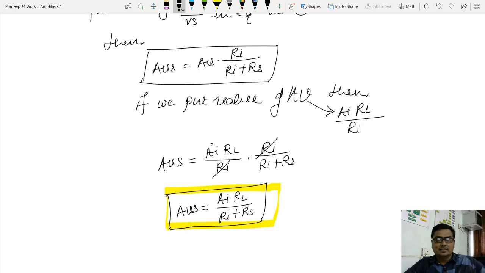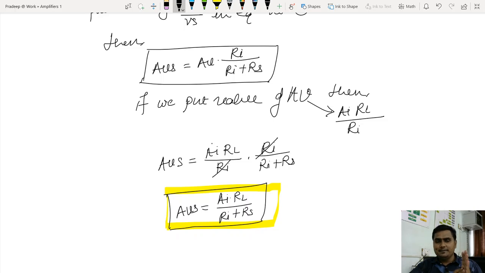We have concluded with the voltage gain with source, that is the voltage gain when I apply input voltage by function generator. Now see, we have finished three parameters.